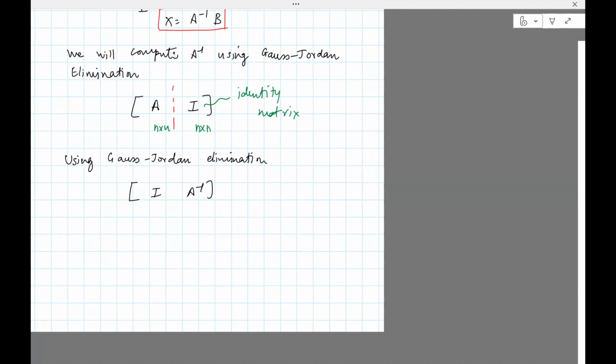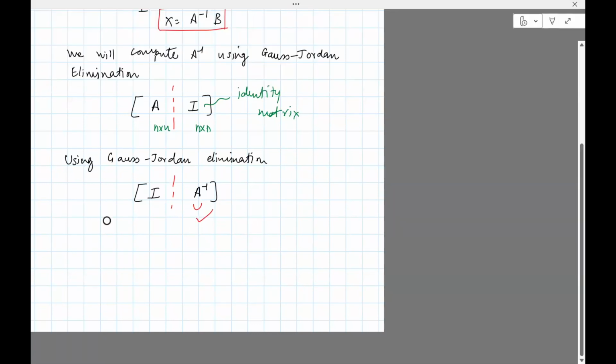You could confirm this way. Instead of writing it down, you could just multiply both sides by A inverse. If you do that, A inverse gets multiplied with A, and A inverse gets multiplied with I, and what you'll end up with is what I just wrote down, I and A inverse. So Gauss-Jordan elimination will actually give you this. This is what we were after.